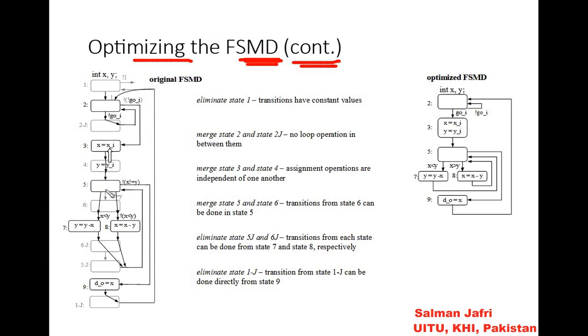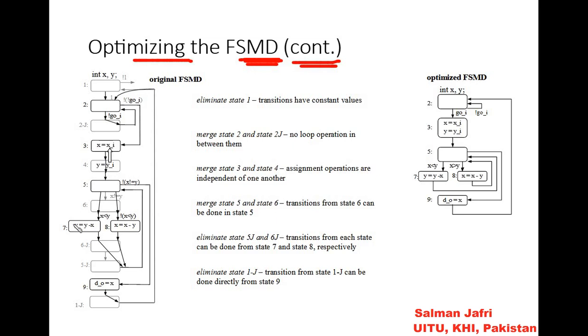Why? Because in 5 we check x is not equal to y, and then in 6 we check x is less than y and not x is less than y. So there is no need basically for this state x is not equal to y, because later on we are having the discussion of x is less than y or not x is less than y.